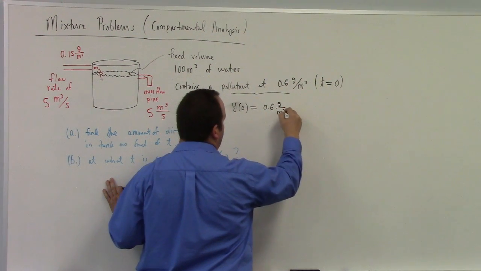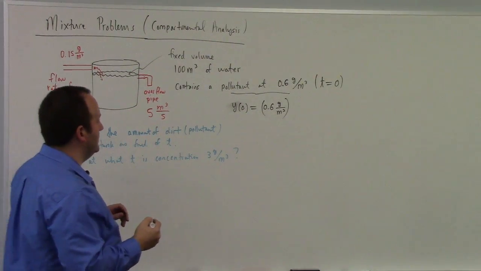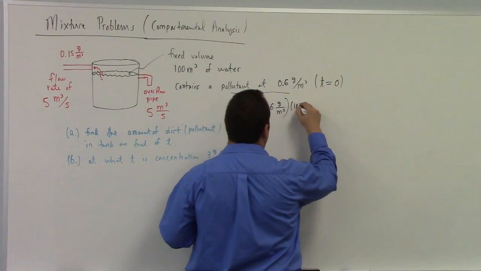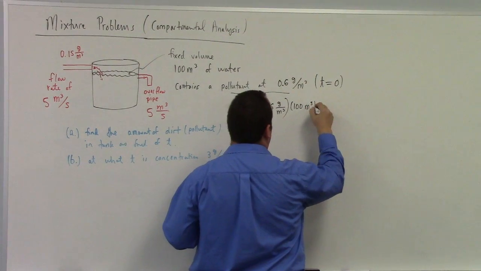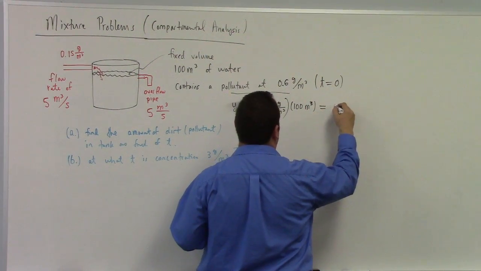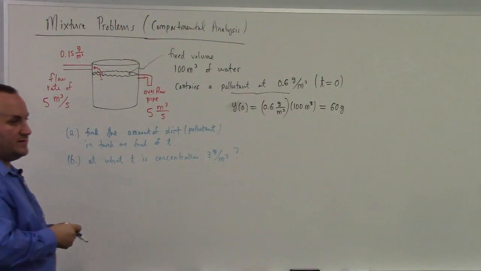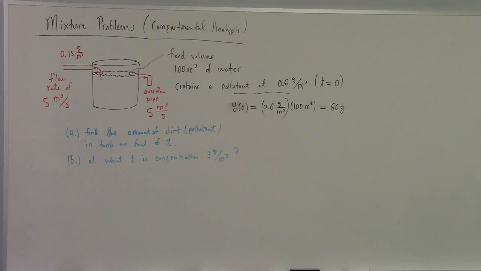Grams per cubic meter times 100 cubic meters. It's most natural in this problem to use grams, so we get 60 grams at time 0. That's our initial condition.